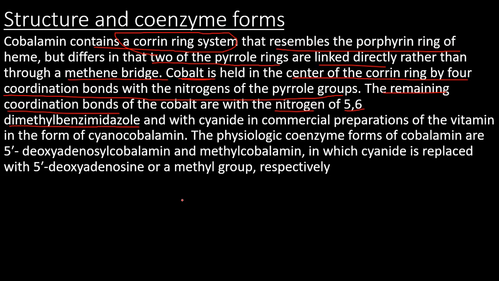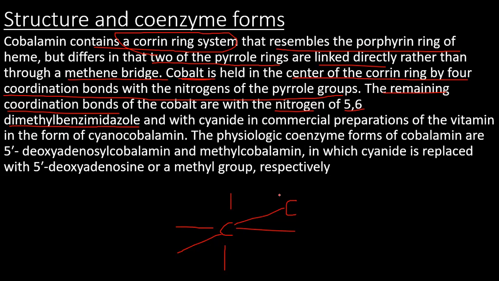The cobalt at the center can form six coordination bonds, so it links with four nitrogens, then one bond links with a nitrogen of the 5,6-dimethylbenzimidazole, and the other coordination bond links with cyanide, in the commercial preparation of the vitamin in the form of cyanocobalamin.